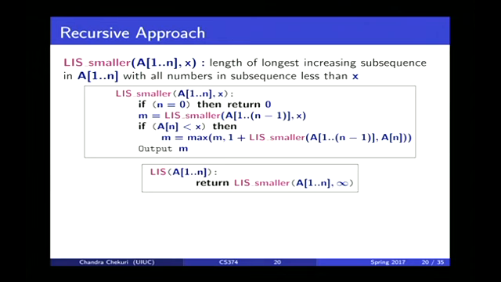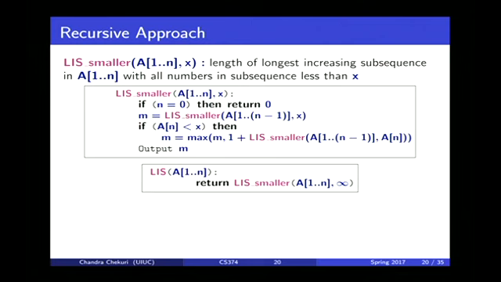But suppose the last number is less than x and I want to include it, what should I recurse on? Sorry? I recurse on... but now I don't want to throw out numbers. I can replace x with what? The last number, yeah? Okay, is that okay?